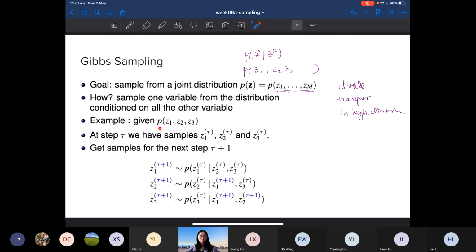If we have, let's say, the joint probability of 3 variables, and assume we have an initial sample, we generate the next sample of all 3 variables by sampling one dimension conditioned on all the other dimensions in turn, where we essentially partially update the samples for each dimension. We first obtain a new sample of Z1 conditioned on Z2 and Z3, and then since we have this new sample of Z1, we condition the next sample of Z2 on it and the old sample of Z3, and we basically rotate through the sample indexes like this.